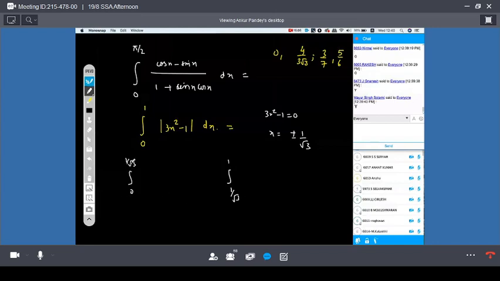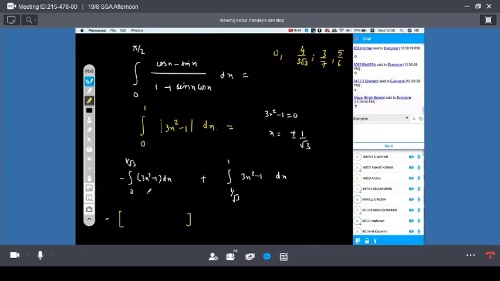From 0 to 1 by root 3, the nature will be minus of 3x square minus 1 dx. Yes or no? From 1 by root 3 to 1, it is plus 3x square minus 1 dx. Clear? When you integrate, you will get negative outside.